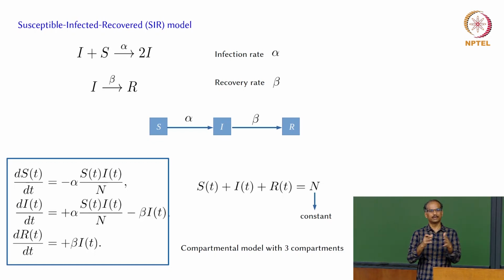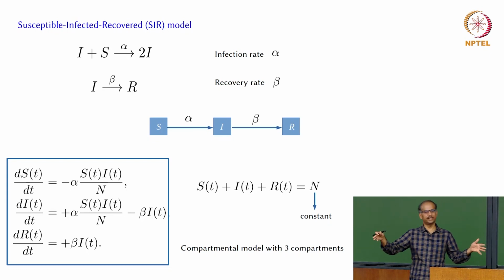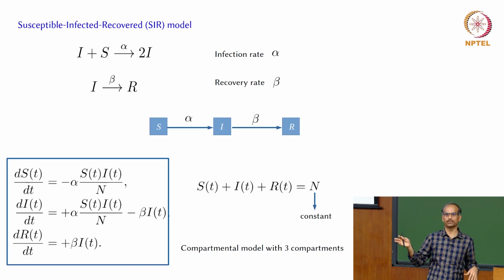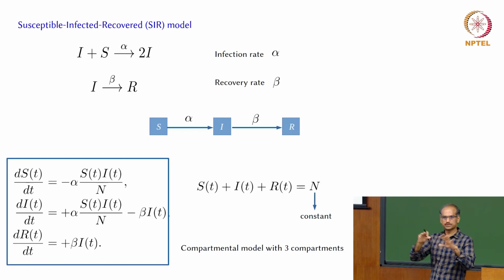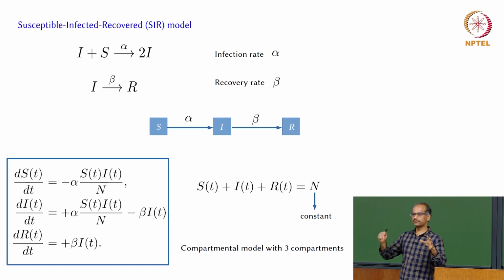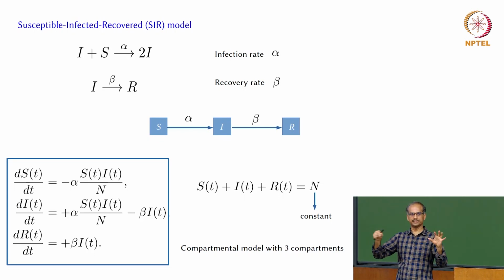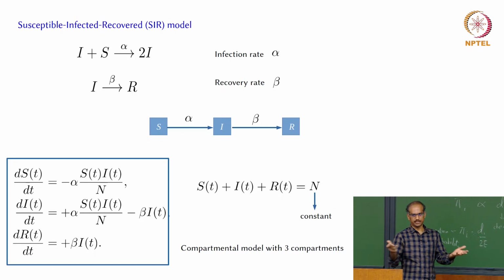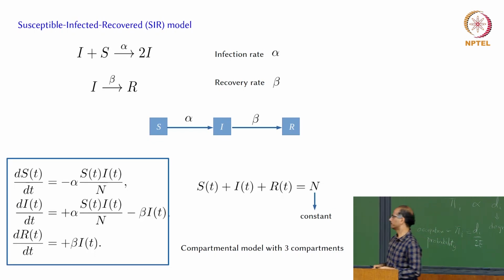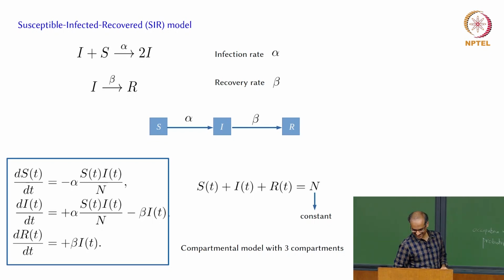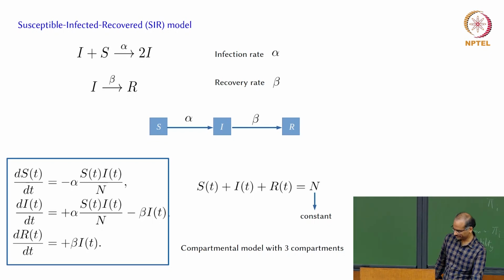And since everyone has to fall in one of these 3 compartments, the sum of these 3 should be a constant, which is equal to the total population. Okay. And that is constant all across time. So at any given time, the fraction of people in each of these boxes will be changing, but the sum has to be N, it has to be a constant. So you assume that the total population does not change, which is reasonable over short time frames. At least in India, where the population is so large, it doesn't matter much.